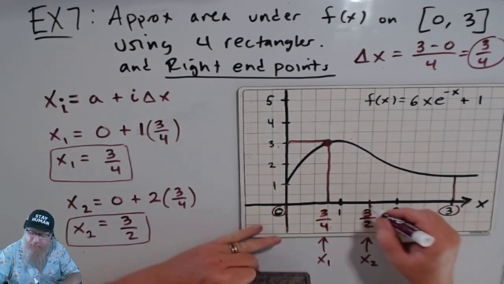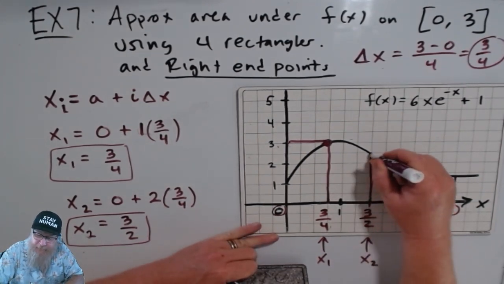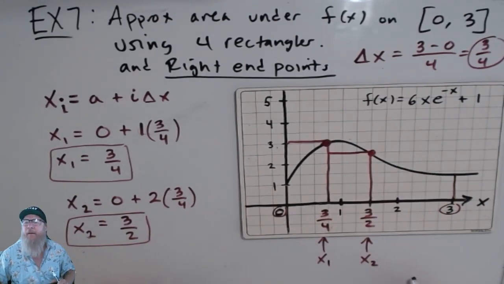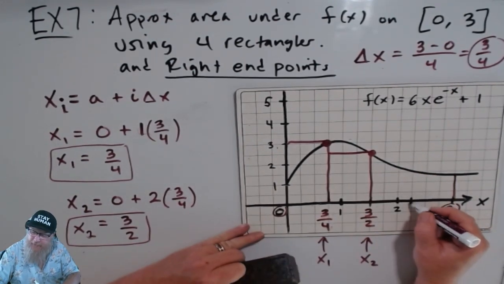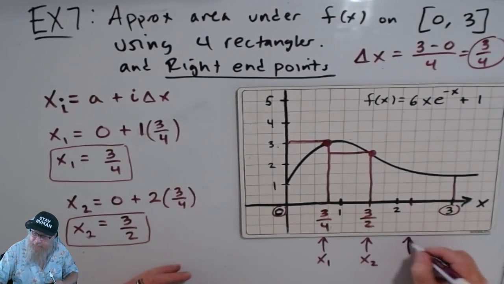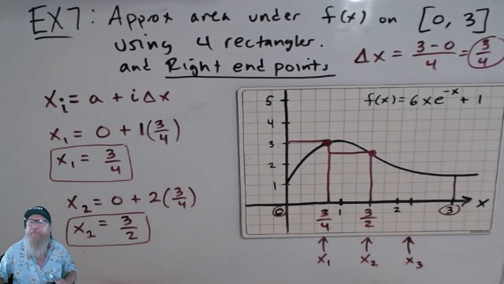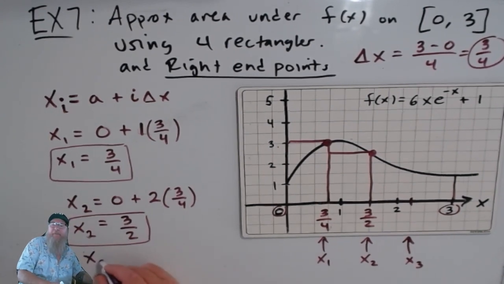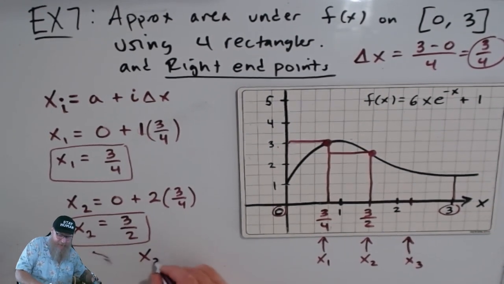And keep going. Well, let's draw this rectangle. There's my second rectangle. All right, and here's the next one. X3. Can I fit it in here? Oh, squeeze it down here.